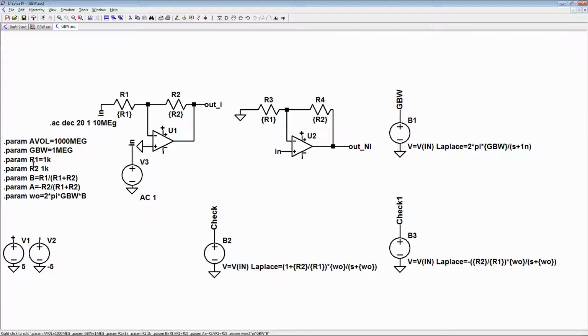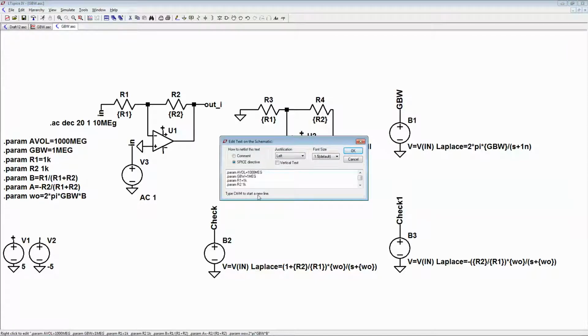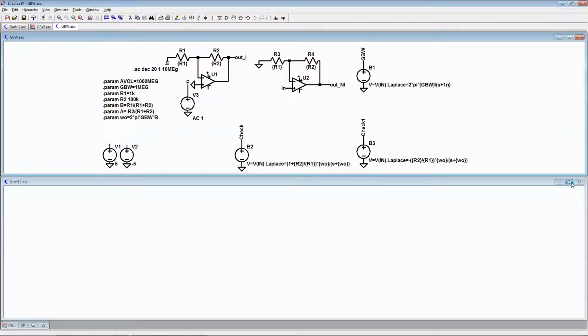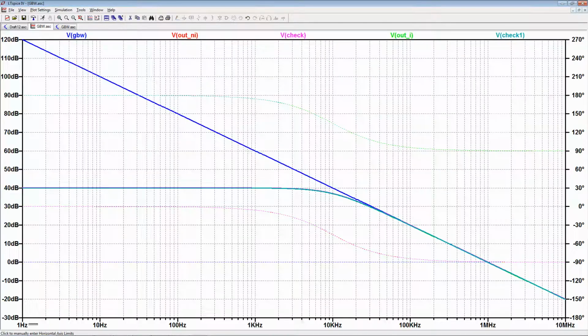So let's just make R2 100K, a very large number, and then we run it, and notice, because minus R2 over R1, 20 log of that is almost the same as that plus 1, and you can see that the curves line up.